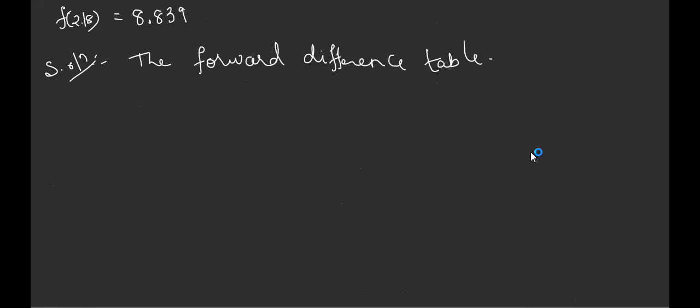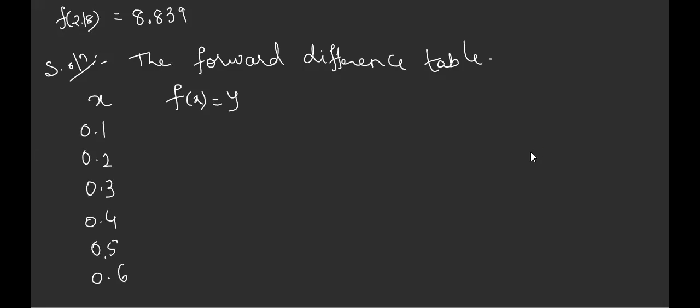Now, how to take it? First, you have to take the values of x. Then they have given x, f of x, no? F of x, better take it as the values of y. So what are the values of x given? 0.1, 0.2, 0.3, 0.4, 0.5, and 0.6. Correct? What are the f of x values? 2.68.